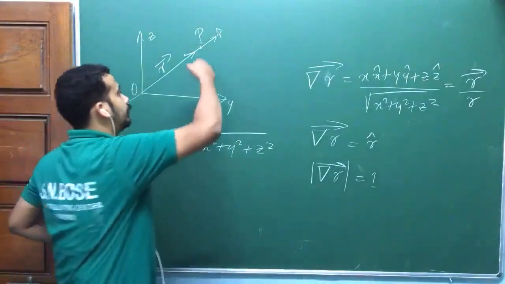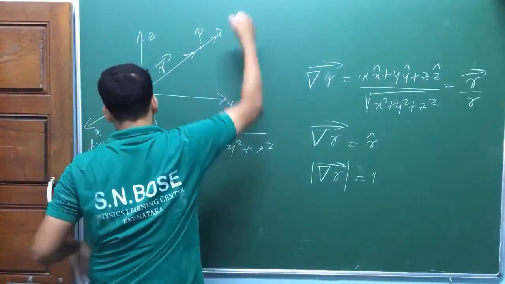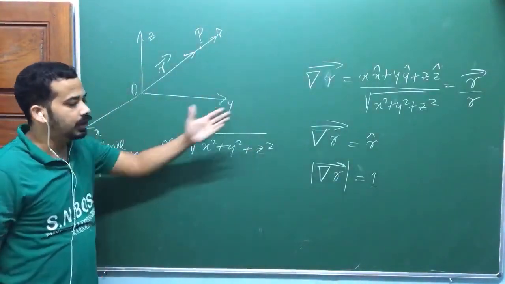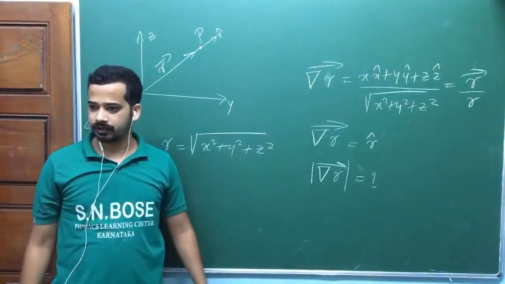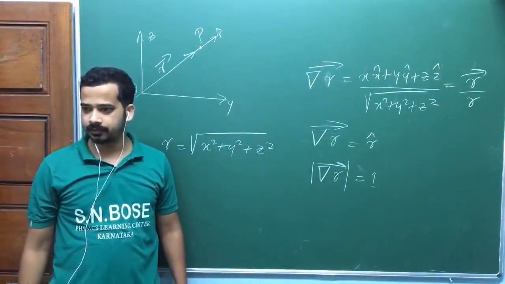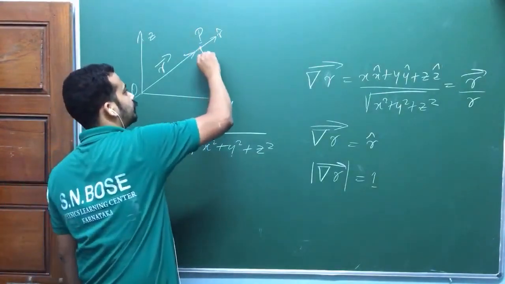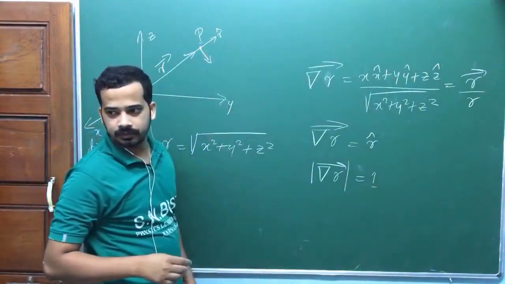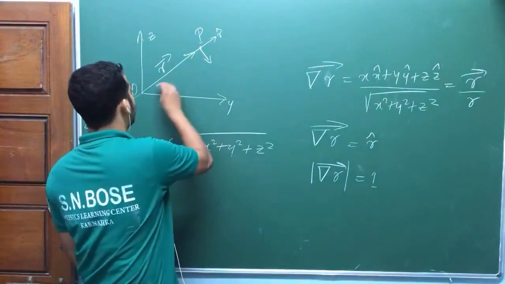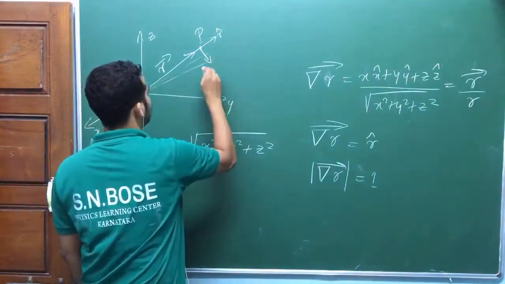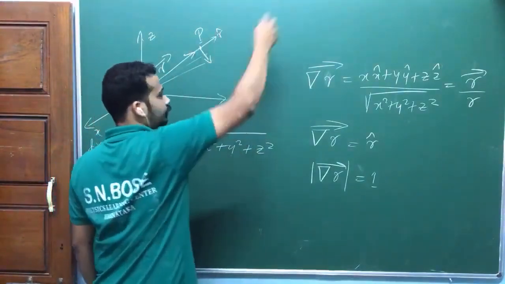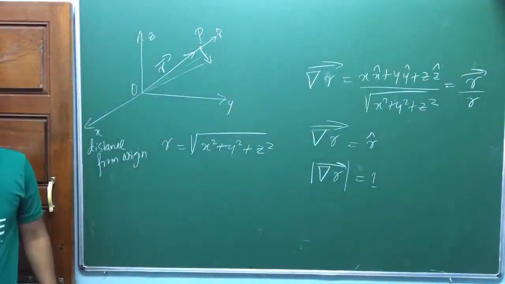If you move away from the origin, distance from the origin will change to the maximum extent. Or if you move like this, suppose, then distance from the origin will not change much. Am I right? Look here. If you move like this, distance from the origin will change to the maximum extent.